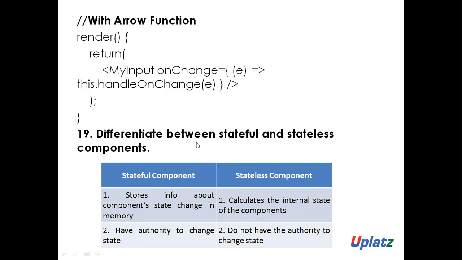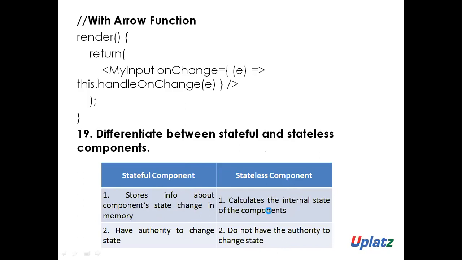Differentiate between stateful and stateless component. Stateful stores information about components and state changes in memory, whereas stateless calculates the internal state of the component. We have authority to change the state in stateful, but in stateless we do not.